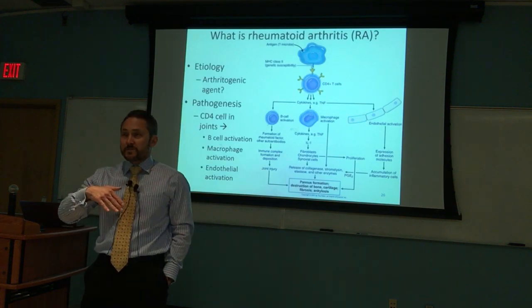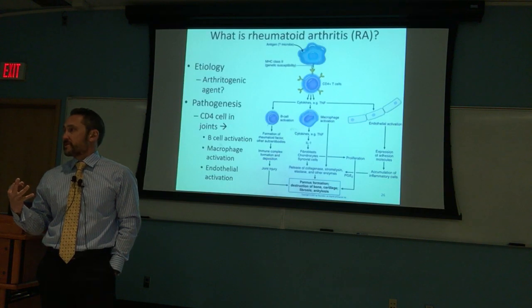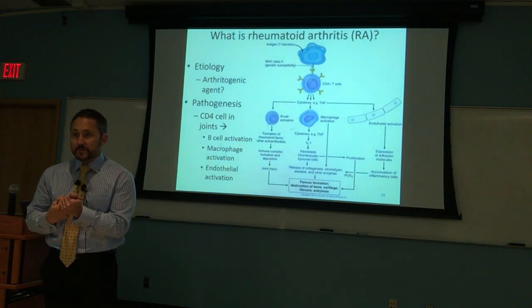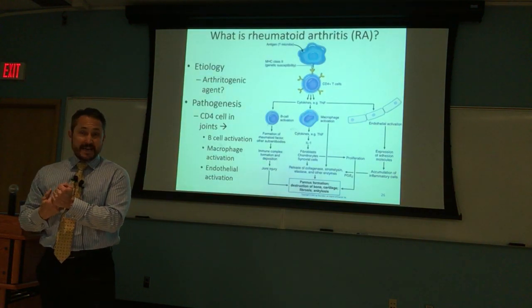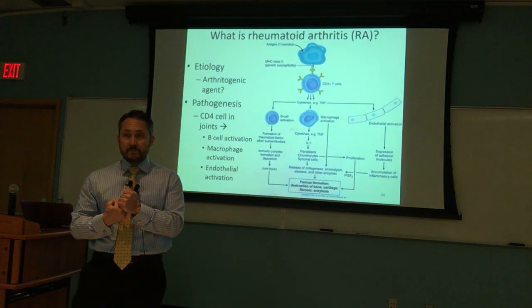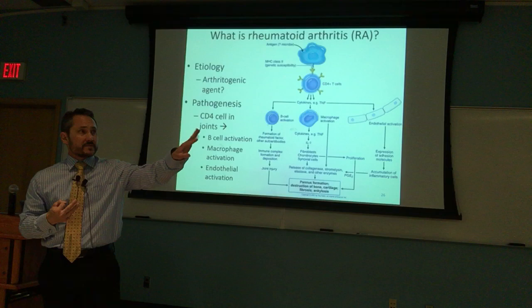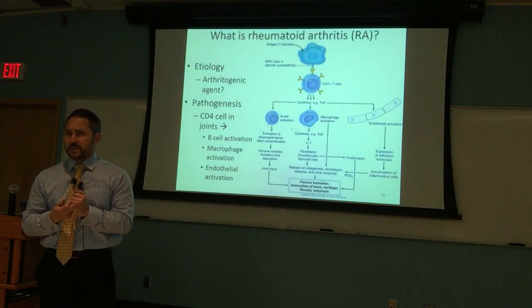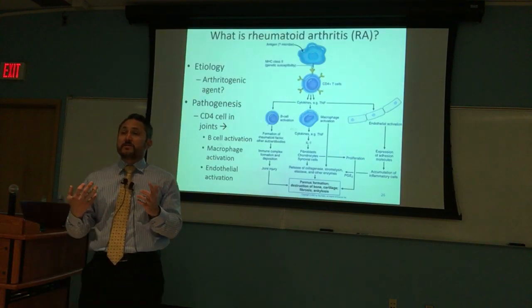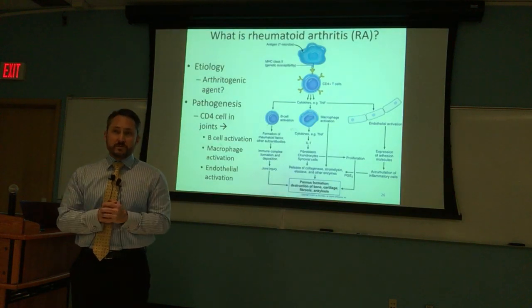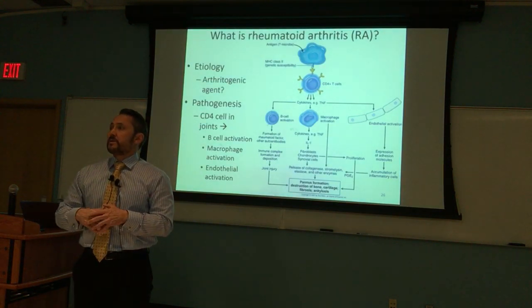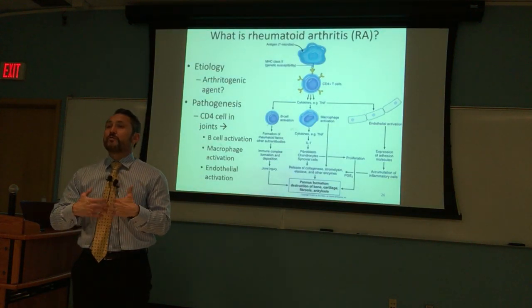So what's the difference between the 3 different types of arthritis? Reactive arthritis is antibody mediated, and that's a type 3. Rheumatoid is a type 4 because of T-cell involvement, and we'll show you that here in a second. And then osteo is nothing to do with an immune response. Osteo is just old age or overuse.